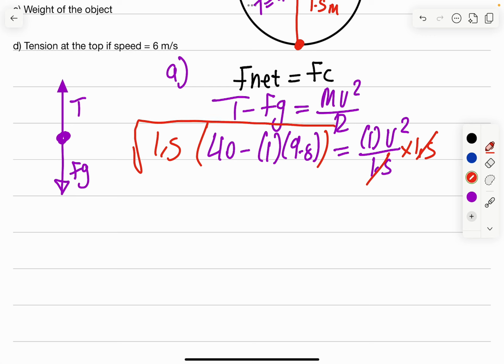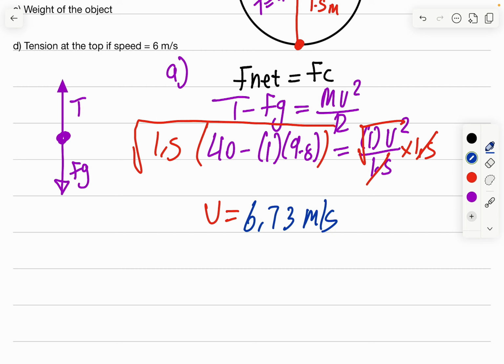Things are simple now due to the mass being 1. Velocity: you press your calculator, square root of 1.5 times (40 minus 9.8). I ignore the 1 because things are simple since there was a 1. You get your answer as 6.73 meters per second.